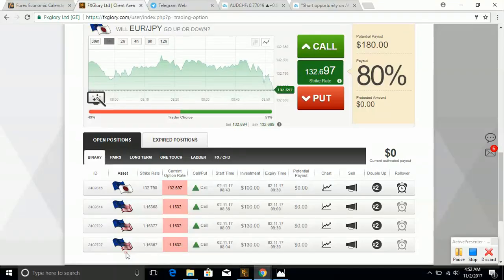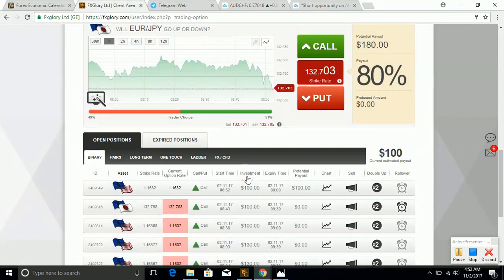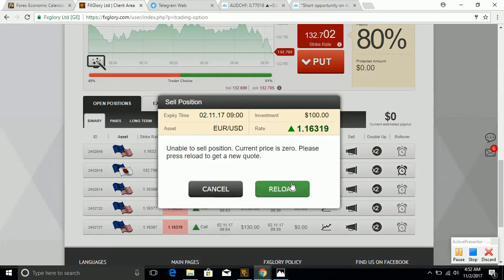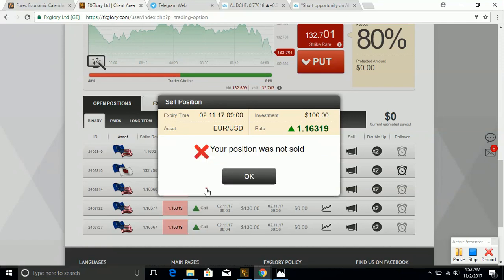Okay, now these binaries fell out of the money. Now all of these do close at 9:30, 9:30, 9:30. I'll double up right here for this one to close in. This one closes in. So I'll double up on that one, and I will sell this one. Oh, it's not even letting me sell it.